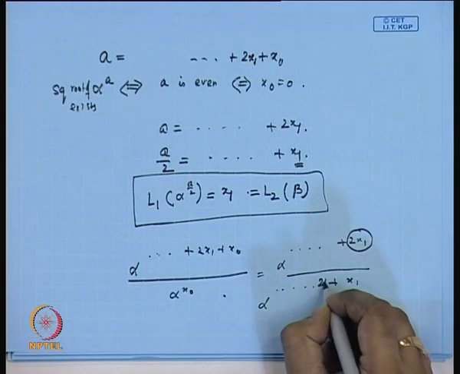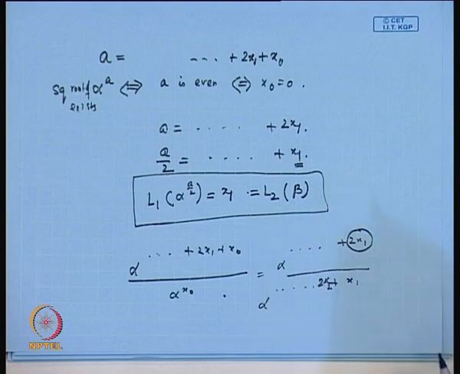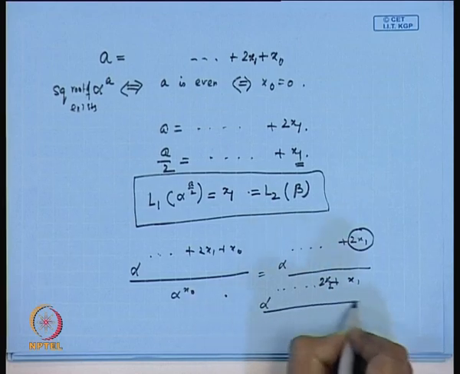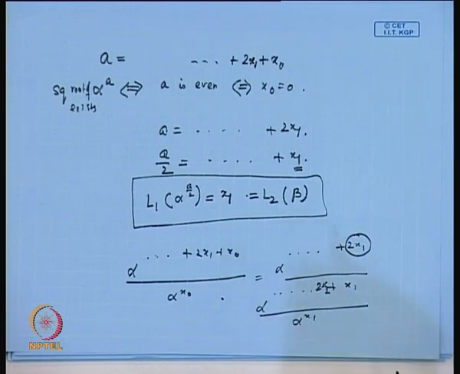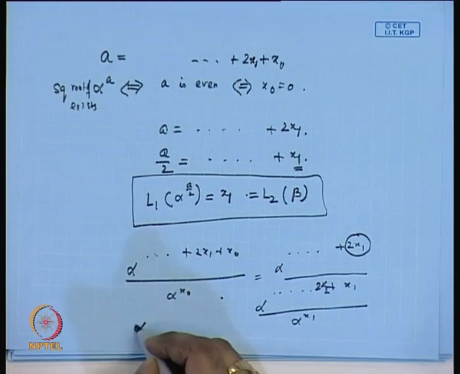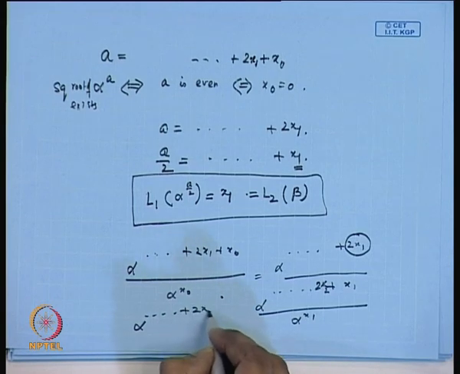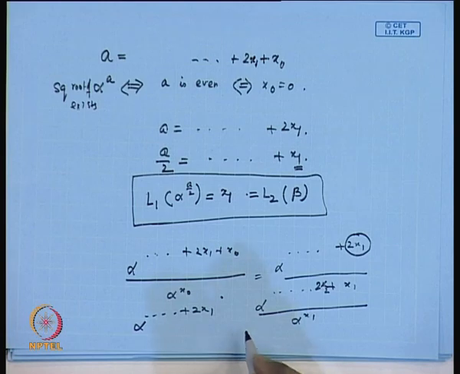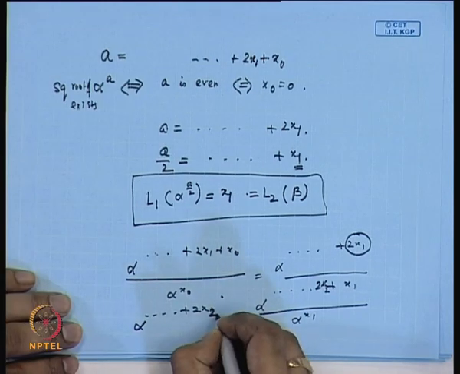So here you have got 2x2. Now if I divide again this by alpha to the power of x1, I again have alpha to the power of something plus 2 of x2.